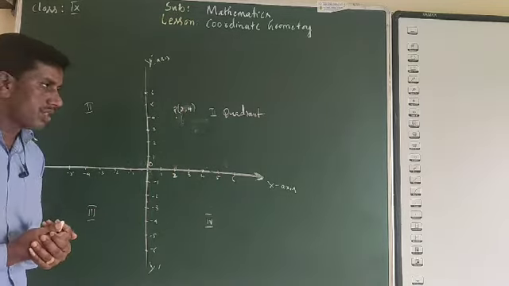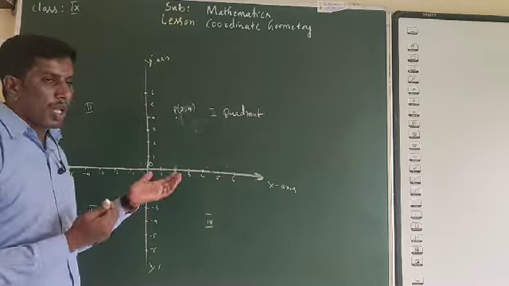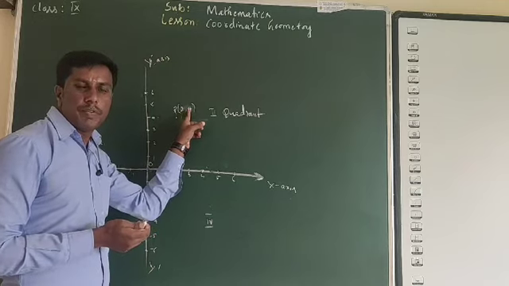Abscissa is 2 and ordinate is 4. Now we will talk about the sign. You can observe that this is plus 2 and this is plus 4.